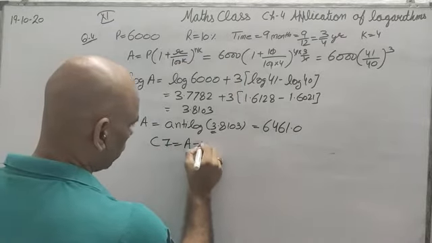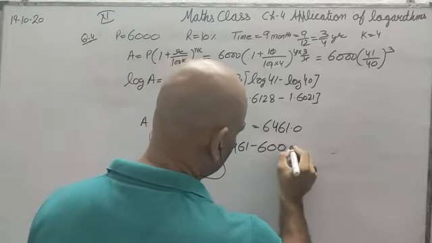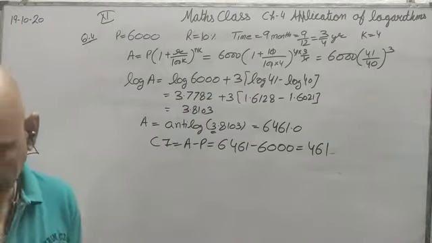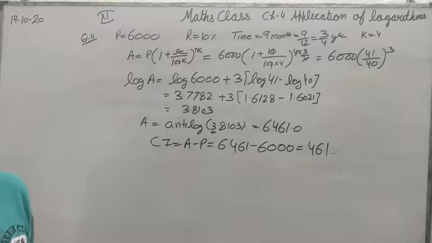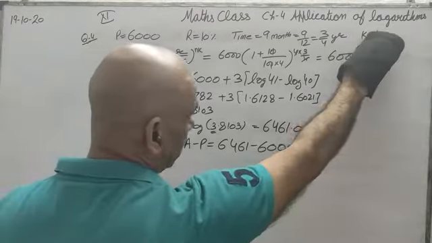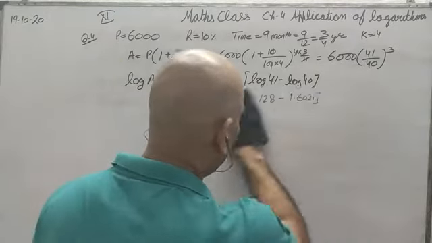Compound interest is equal to amount minus principal. 6461 minus 6000 is equal to 461. So this way, if the interest is being calculated more than one time, as many times as it is calculated, the same way will be included in the rate and time.